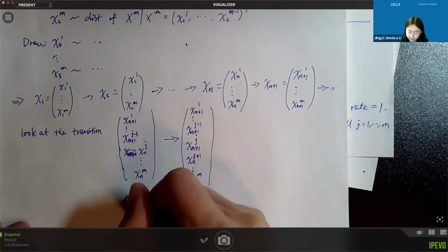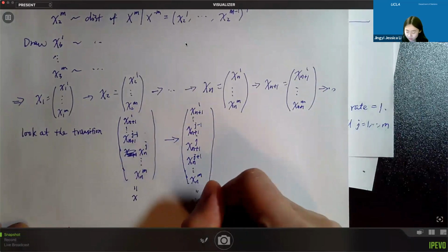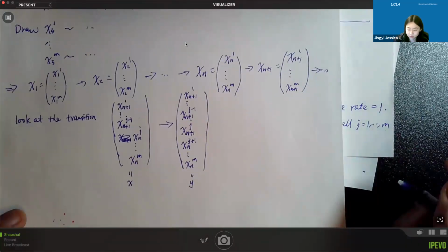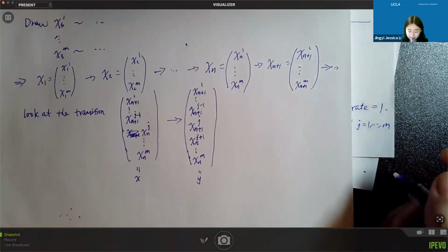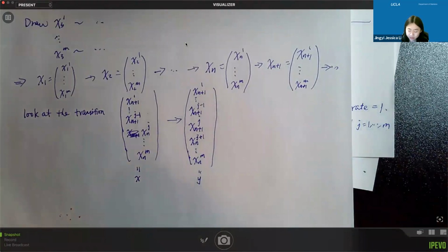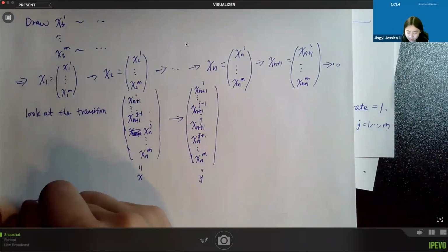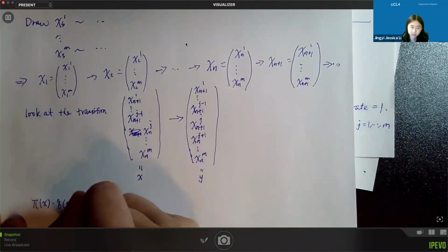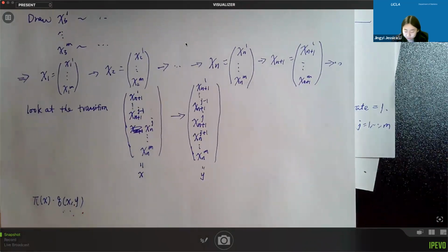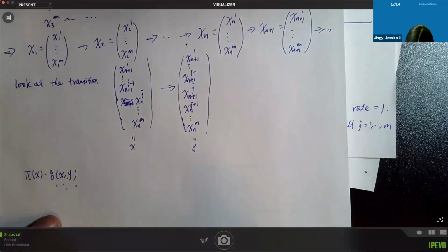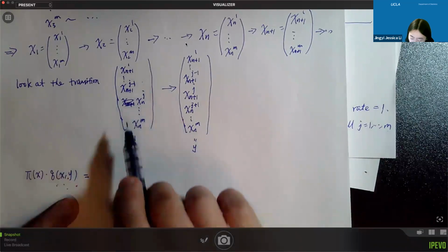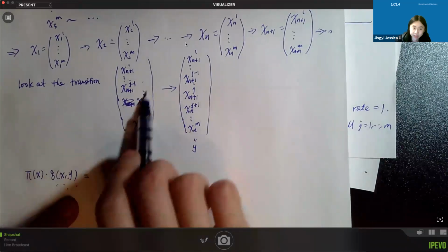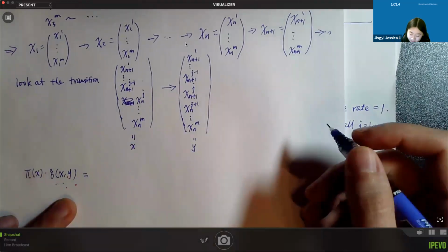If I call this value x and this value y for simplicity, okay, then you can see what it actually is. So what is pi x times q x y in my detailed balance equation? It is actually the joint distribution of these things.